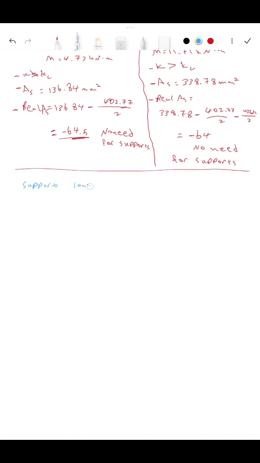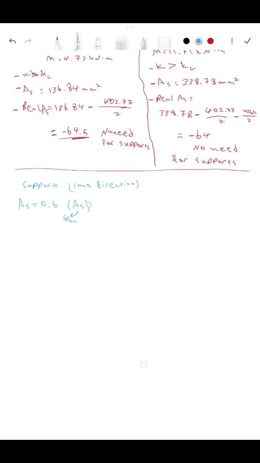Long direction. So for the support in the long direction, we will use the formula As equals 0.6 times the area of steel for the span. Remember this point: the area of steel for the span, not for the support.